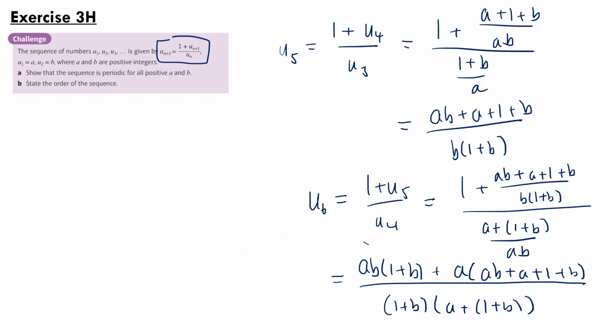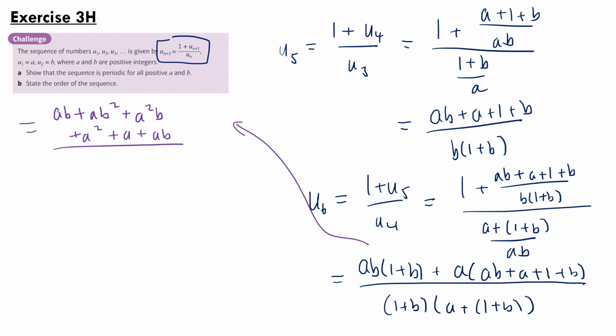Now this is already starting to look a bit complicated, so let's try and expand the brackets and hope that stuff simplifies. So here we have ab plus ab squared plus a squared b plus a squared plus ab on the numerator. If we tidy that up a little bit, we have ab squared plus a squared b plus 2ab plus a squared plus a.